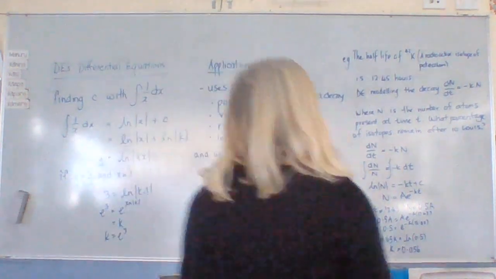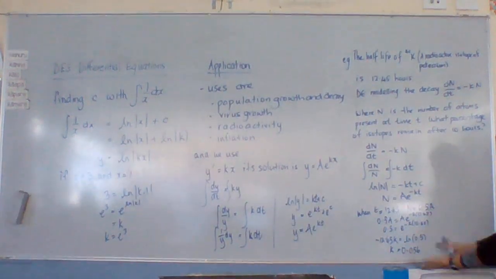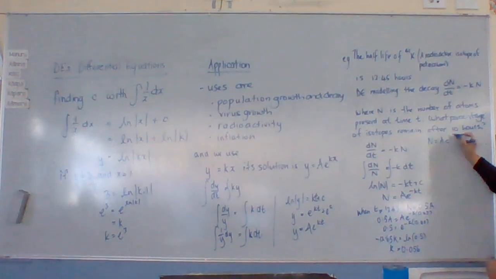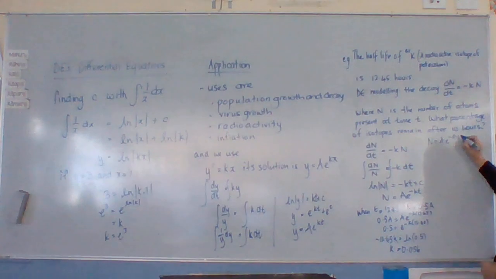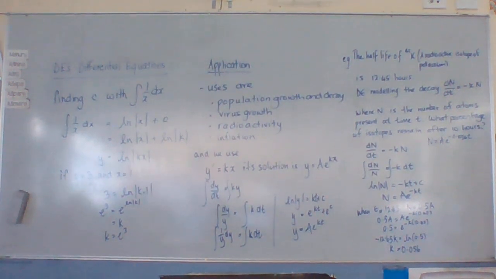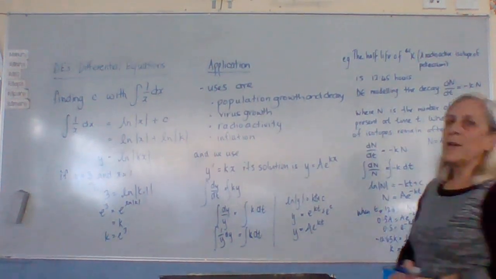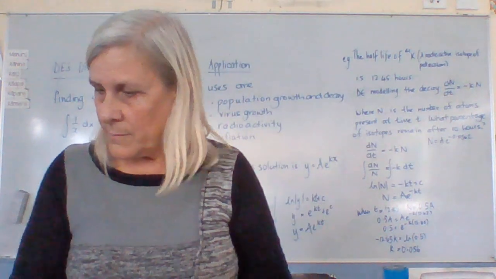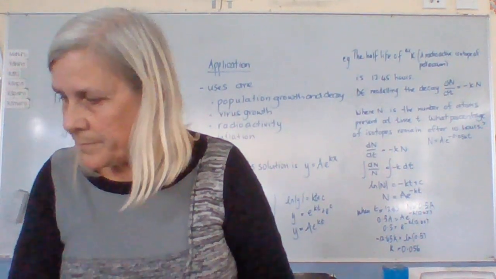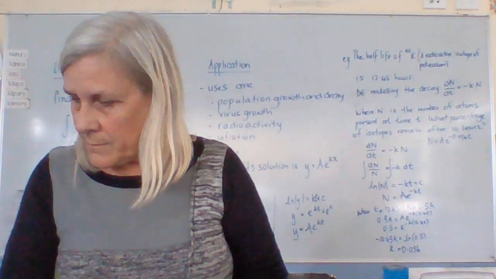Now we need to answer the question. So we've now got an equation that we can use. It is this one, N equals A e to the negative 0.056t. All right. When N is the number of atoms present at time t, what percentage of atoms remain after 10 hours? So we're after a percentage. Have we got A? Do we need A?